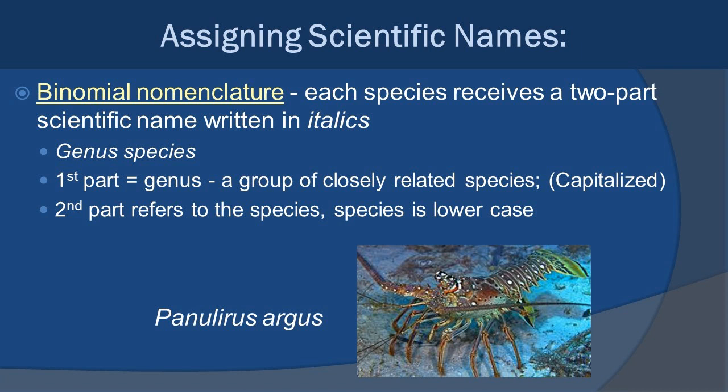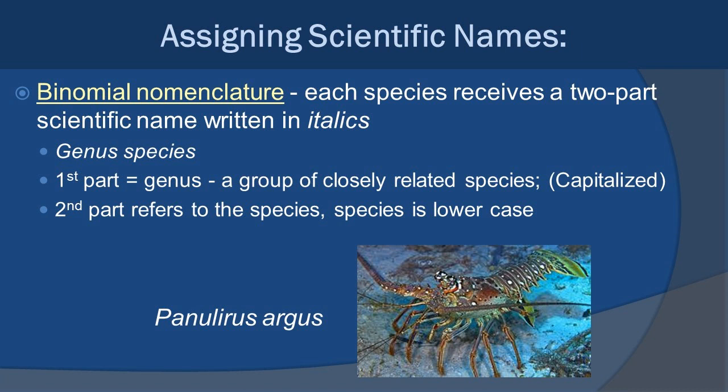The second part of the name refers to the specific species itself, and this is generally written in lowercase. Now, it is standard with both parts of the name to italicize them when you are typing. As an example here, there is a Florida spiny lobster, and the genus species name of that is Panulirus argus. So Panulirus is the genus, argus is the species.